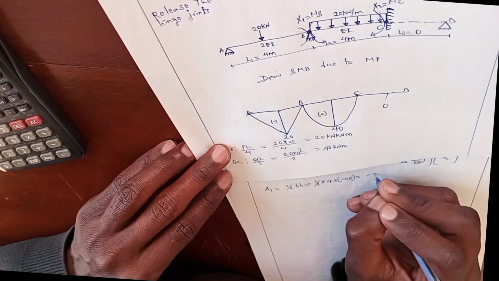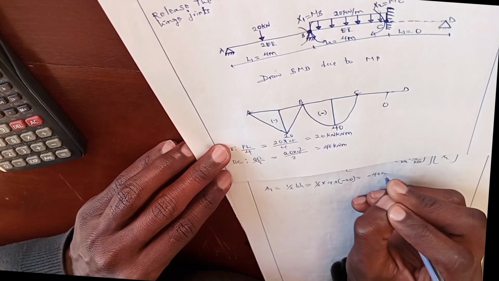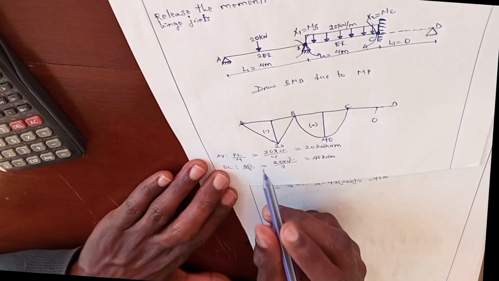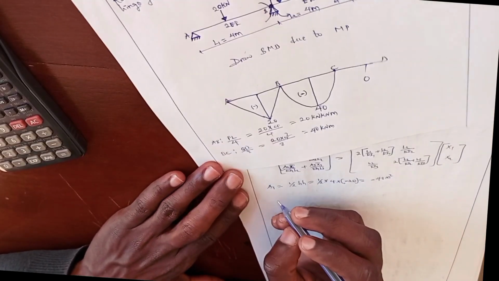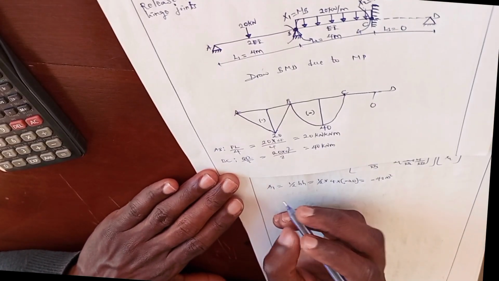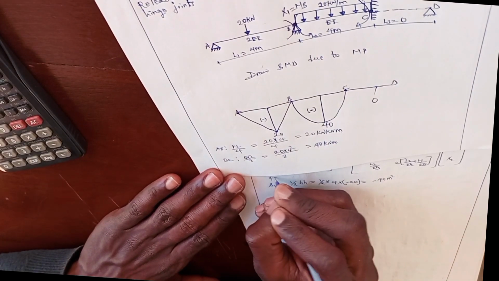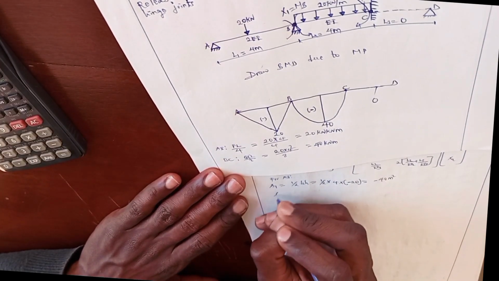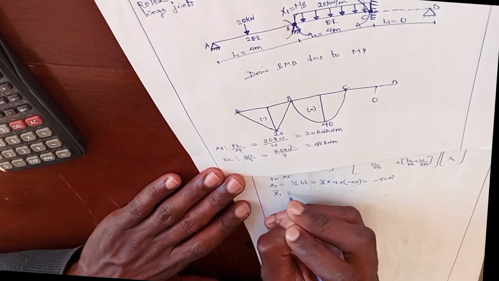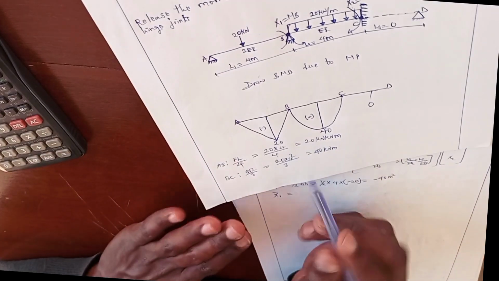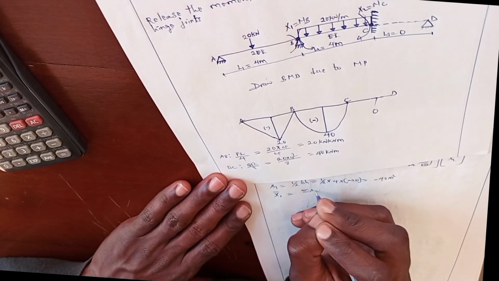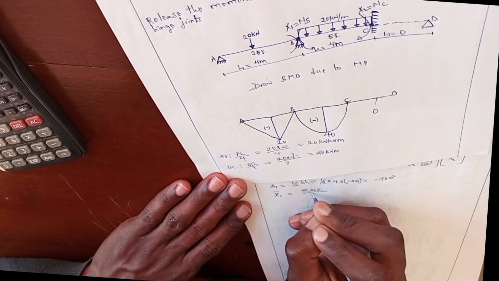It will be equal to negative 40 meters square. Now, to obtain the centroid of member AB, which is centroid 1, for a triangle, the centroid is given by the sum of area times x over total area.